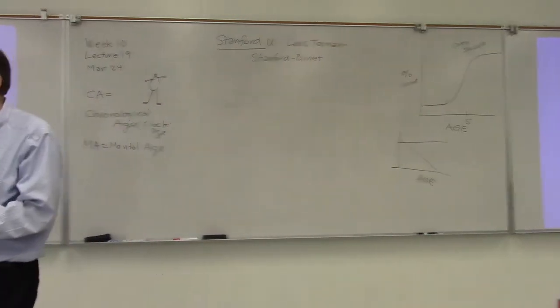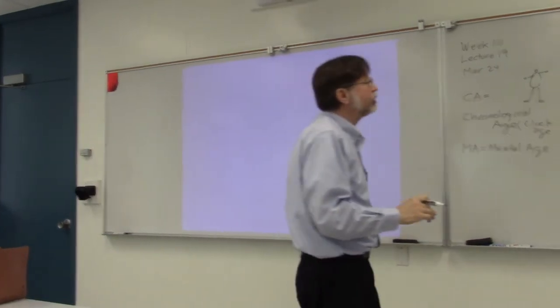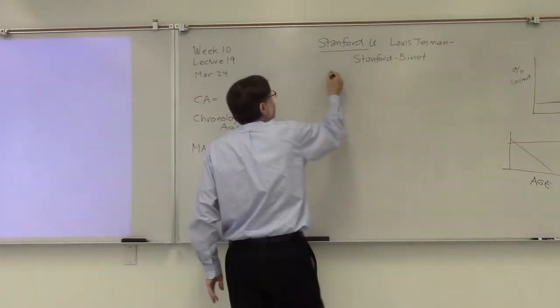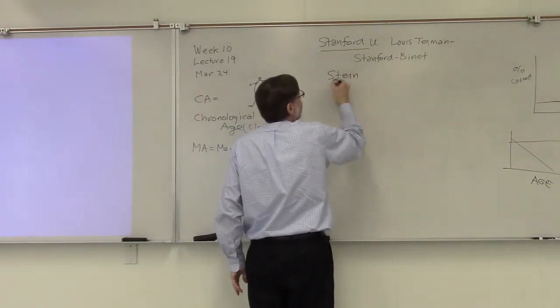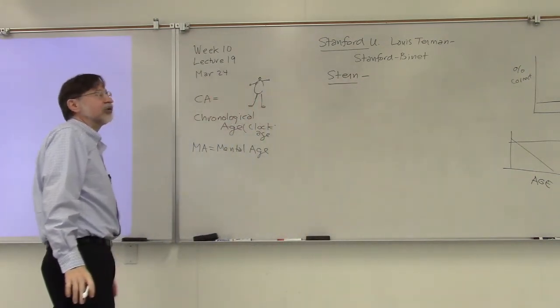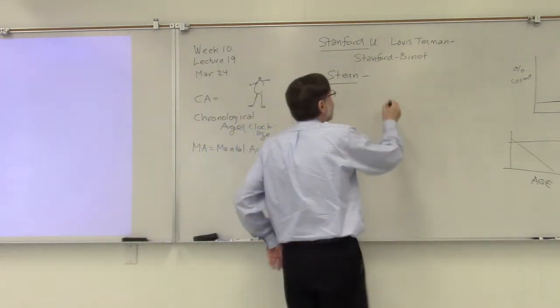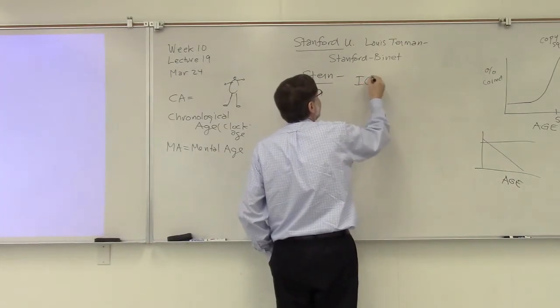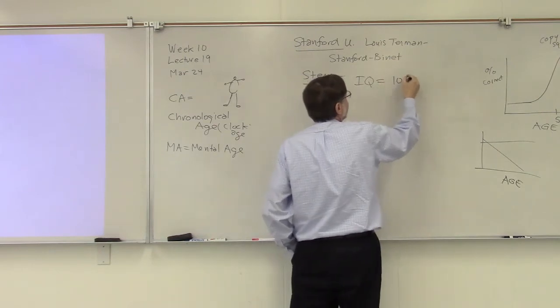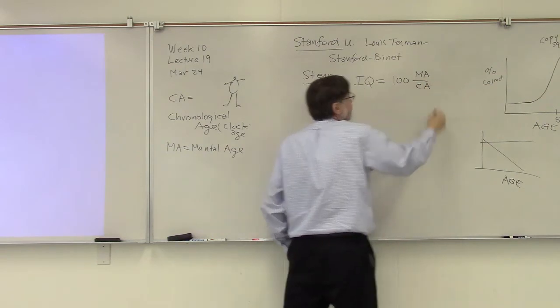Around the same time, the German psychologist Stern noticed that all the distributions for kids at different ages would have a mean of 100 and a standard deviation of 15 if he took the following ratio. He defined IQ as 100 times mental age divided by chronological age.